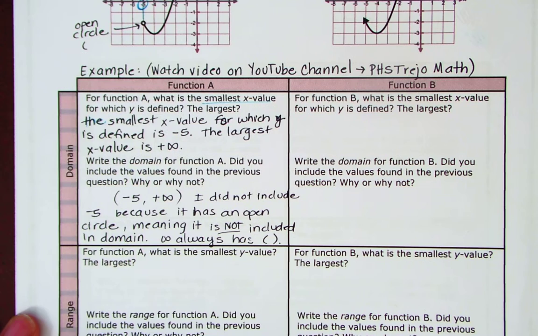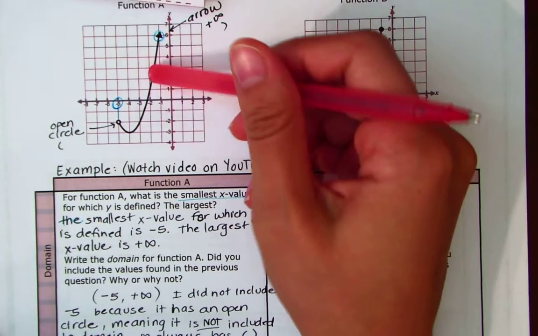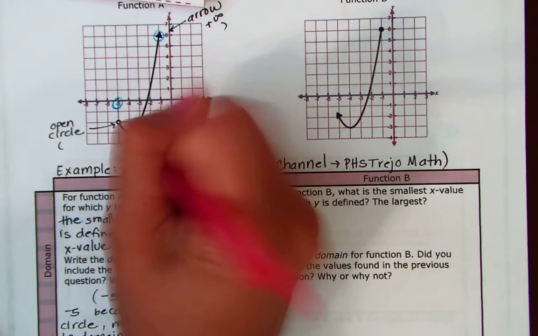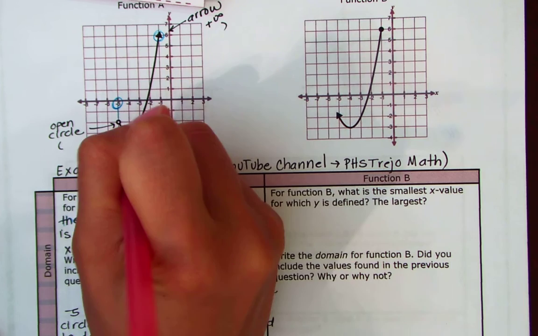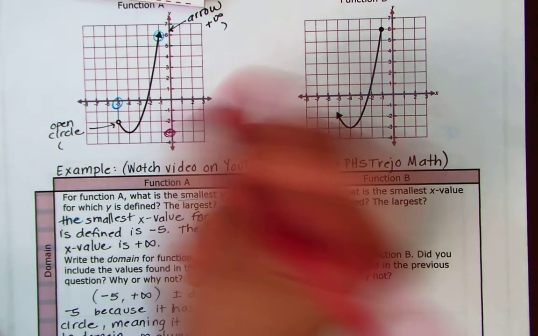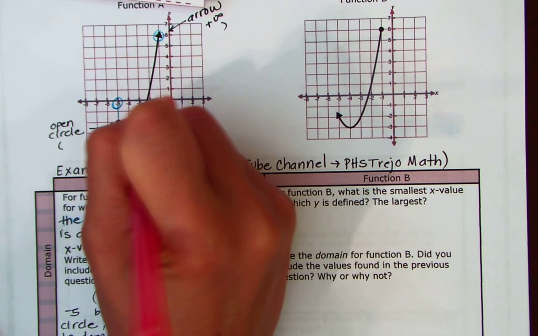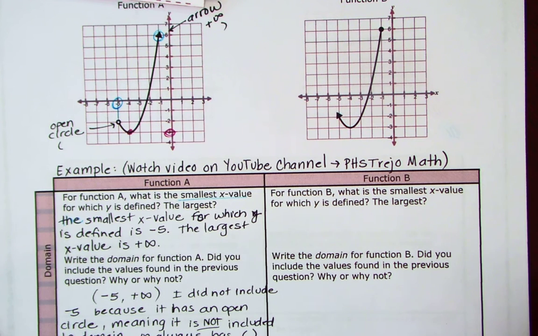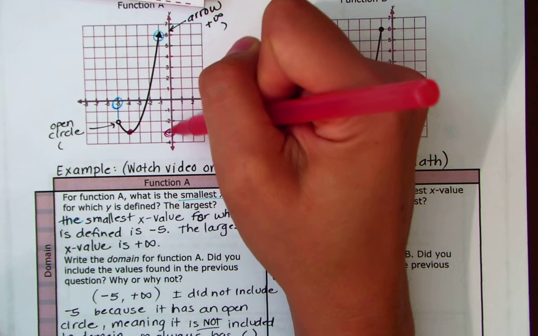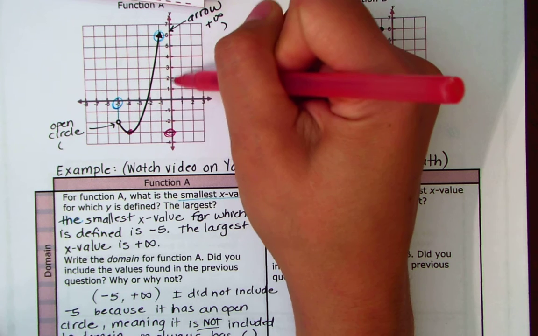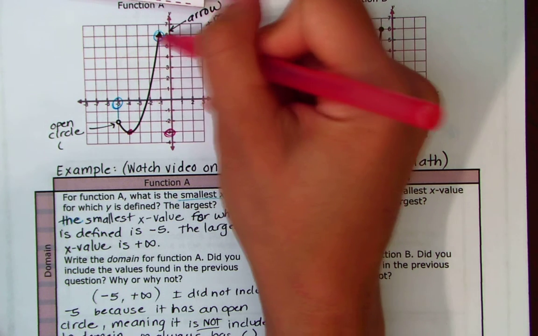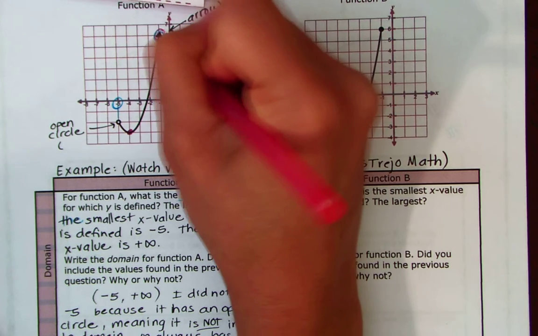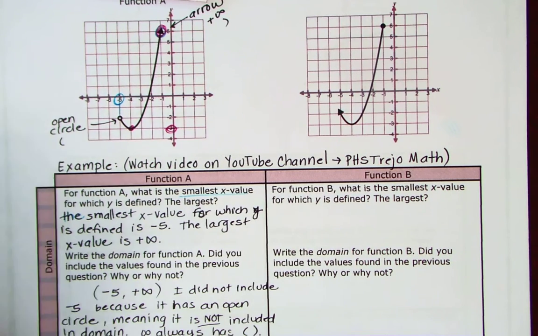If you go to the next question, it says for function a, what is the smallest y value? So how far down does it go on the y-axis? Well, we're going to look here. The smallest y value is going to be at -3. Although there's not a dot there that you can physically see, I'm going to go ahead and put it there. So the smallest y value is -3, and how far up does it go? Well, it's defined for -3, -2, -1, 0, 1, 2, 3, 4, 5, all the way up to 6. But since there's an arrow there, that means it's going to go on forever.